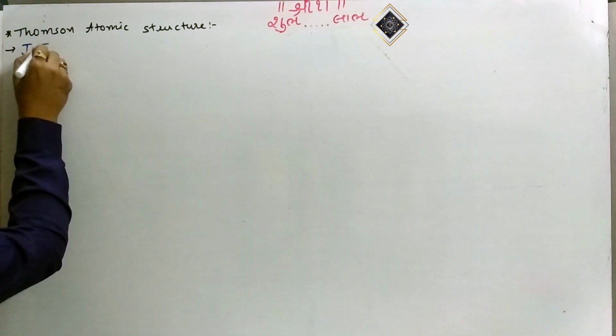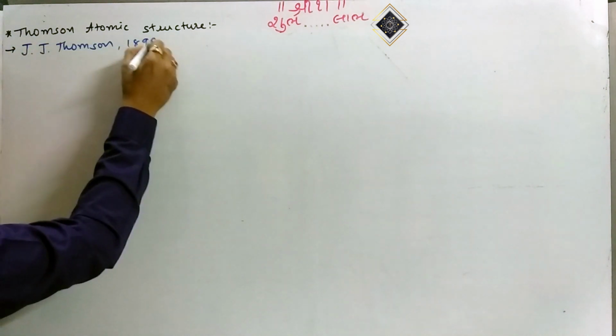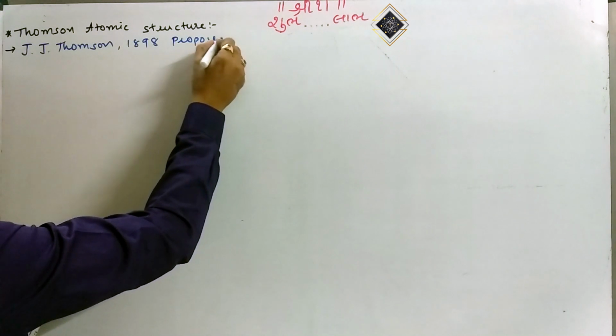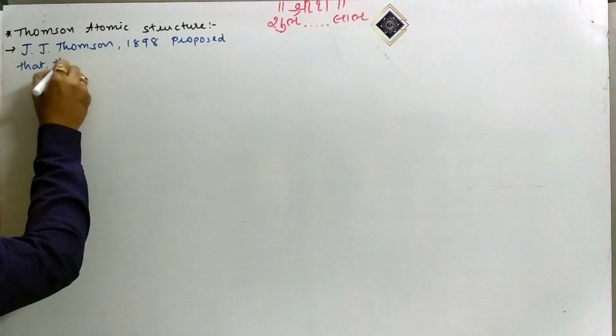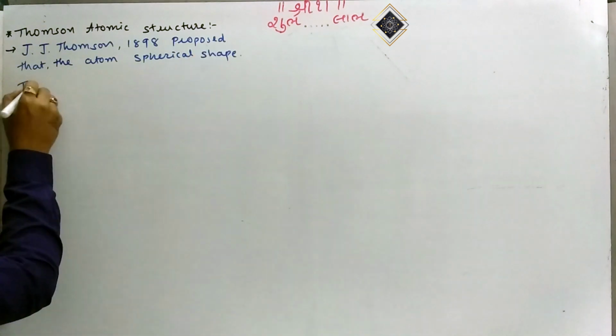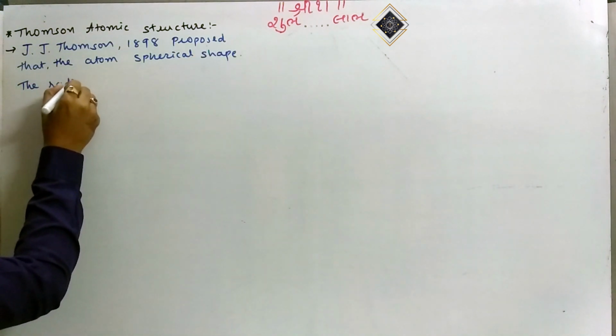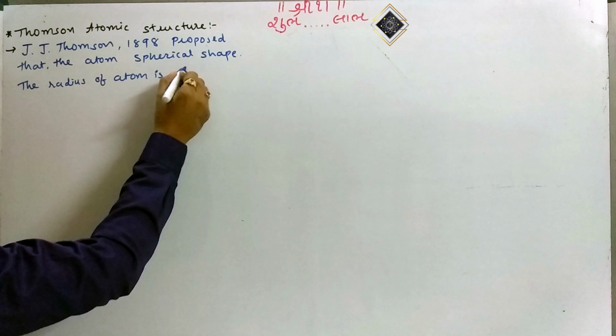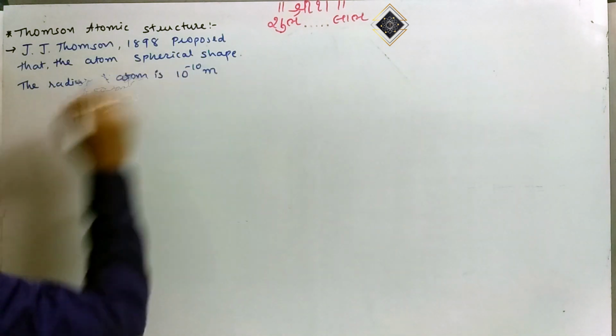J.J. Thomson in 1898 proposed that the atom has a spherical shape. The radius of the atom is 10⁻¹⁰ meter.